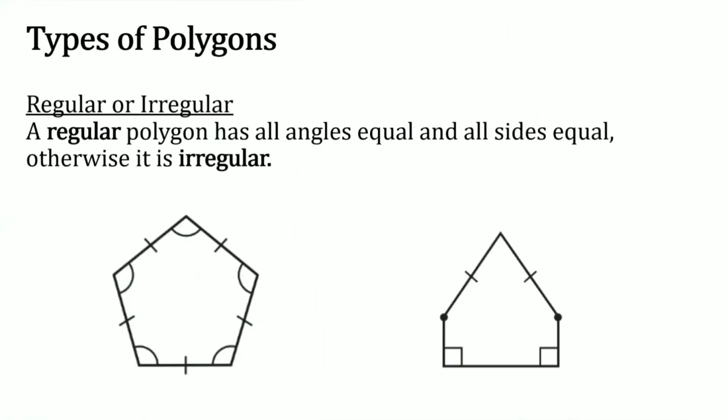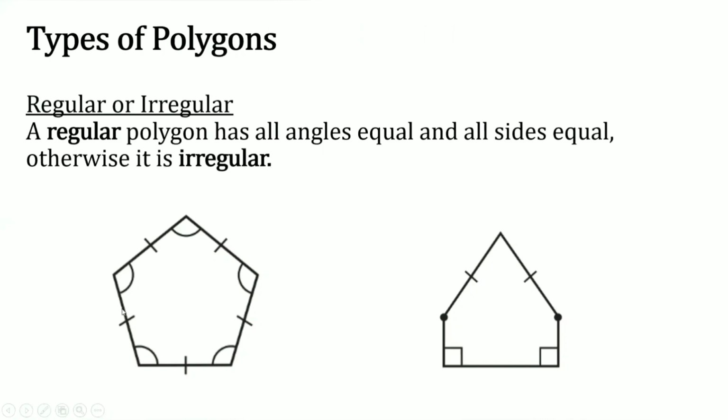Now, types of polygons. First one is regular or irregular. A regular polygon, as I have said, has all the angles equal and all sides equal. Otherwise, it is called an irregular polygon.